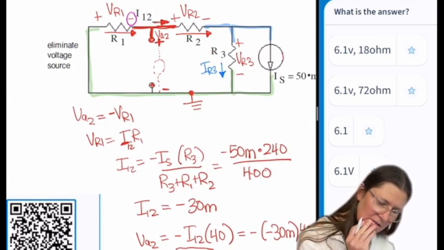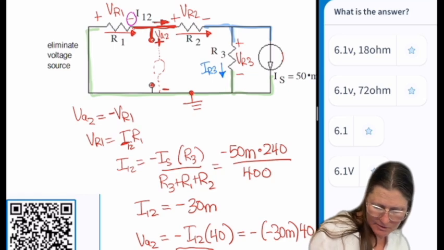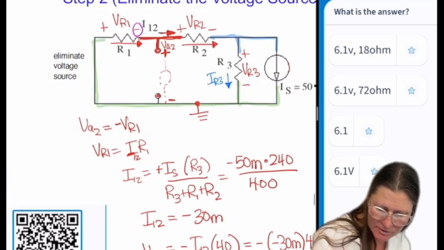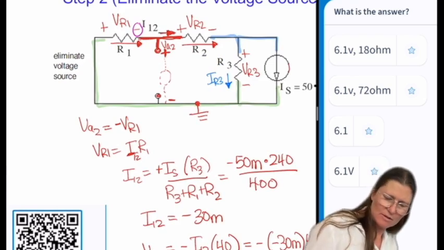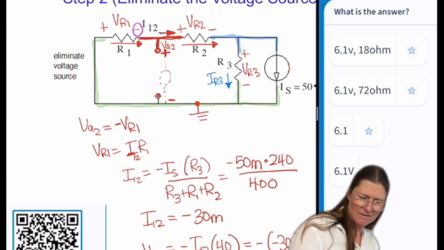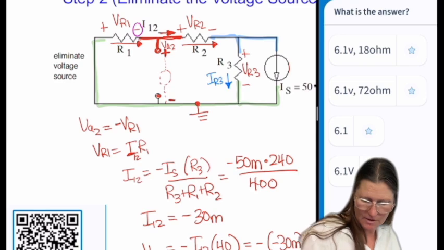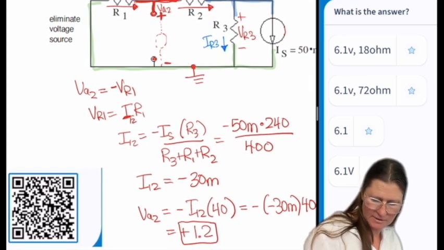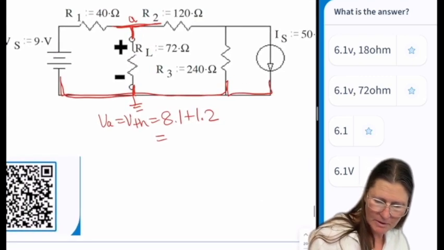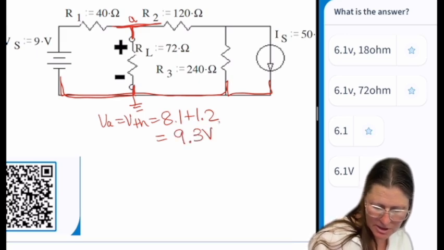Minus. Oh wait. Plus, yeah, this is a plus. It's going the same direction. No? Let's do, no, it is a minus. Plus PR1 minus, okay. So I12 becomes a minus and then minus plus, okay, 1.2. So 9.3 volts for VTH.